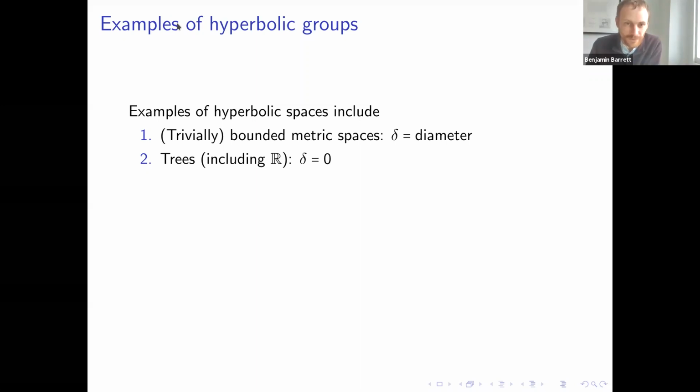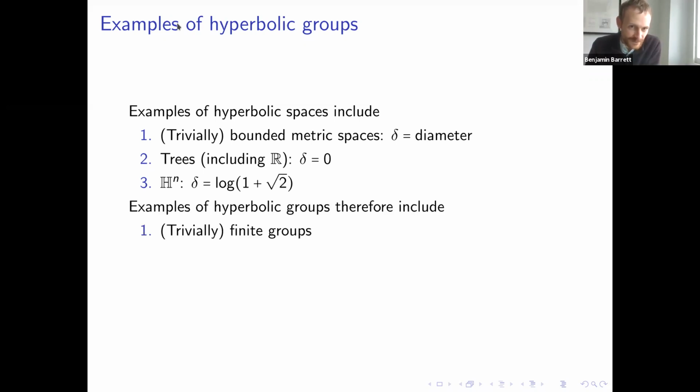If you try drawing a triangle in a tree, you see that each edge of the triangle is in fact covered by the union of the other two, so you don't even need to take a neighborhood. And finally, the motivating example, H^n, the n-dimensional hyperbolic space. Here delta is, you can show, log of 1 plus root 2, I think. So those are some hyperbolic spaces.